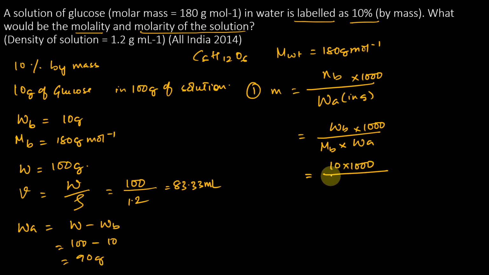Molar mass of the solute is 180. Weight of the solvent is 90 gram. So the molality comes out to be 0.62 mole per kg.